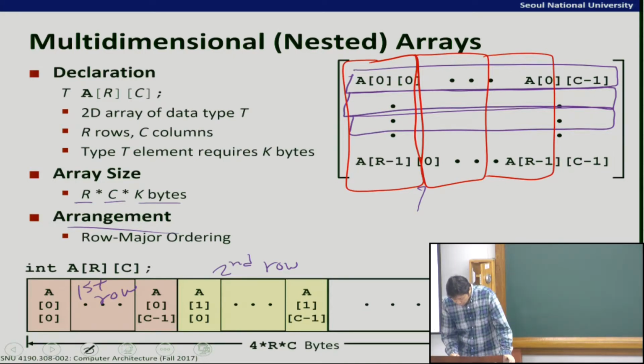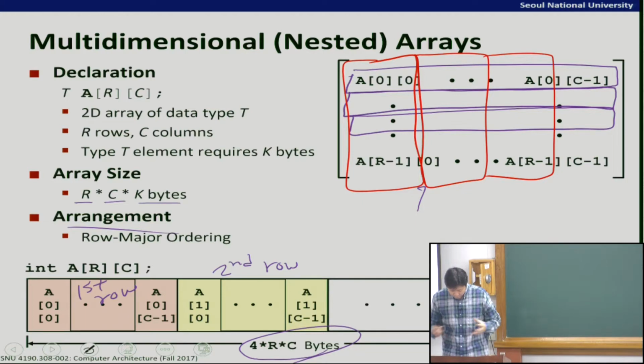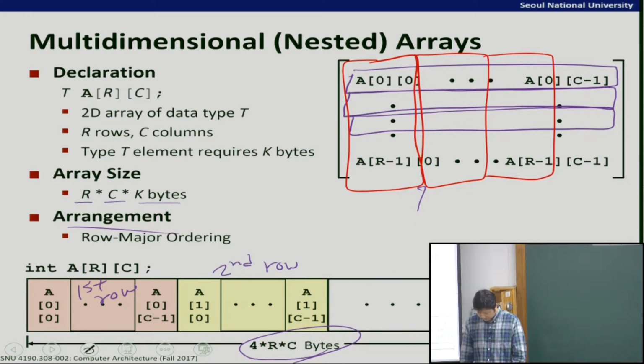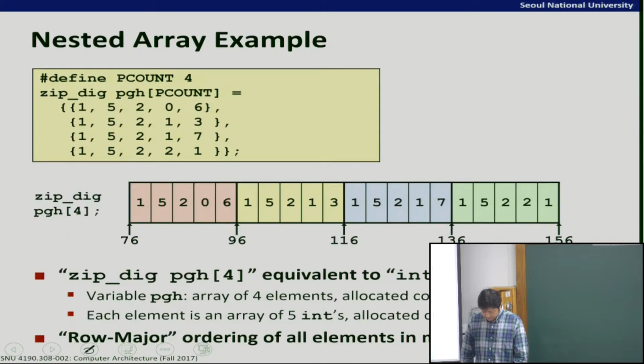And the total amount of storage necessary to store this two-dimensional array is 4 times R times C. Okay. So here is a nested array example. Let's say you declare an array of zipdig. By the way, zipdig itself is a one-dimensional array, and you declare an array of zipdig, meaning that now you have a two-dimensional array, right?